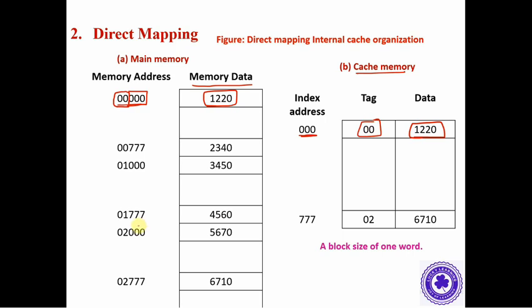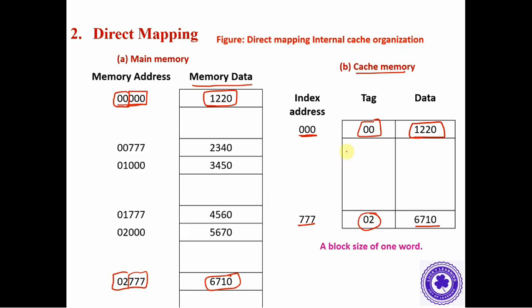Now where can we store the memory word 6710? 6710 is stored at cache address 777, along with the tag, which is 02. This is the way we store it.